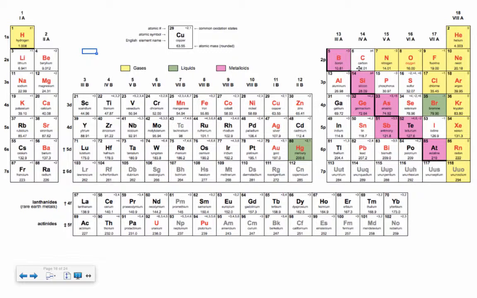Then if we go over one more to column 14, things change a little bit. Carbon can have either a +4 or a -4. What this means is that depending on what it reacts with, carbon can either gain 4 or lose 4 electrons. Silicon is similar, and germanium is a little different.